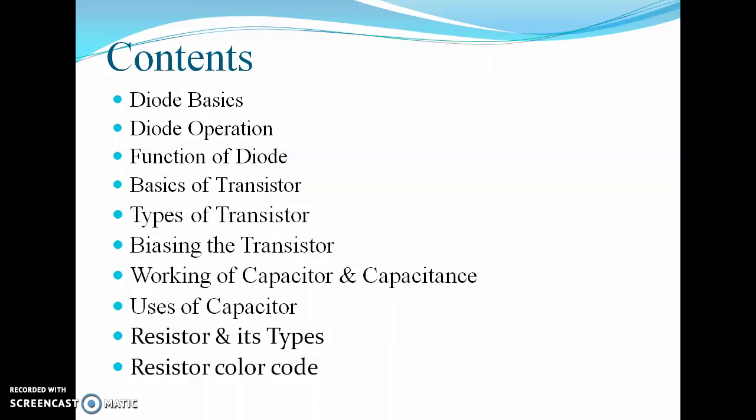Now today we are going to see capacitor, working of capacitor, what is called as capacitance, then uses of capacitor, then resistor and its type, and resistor color code.